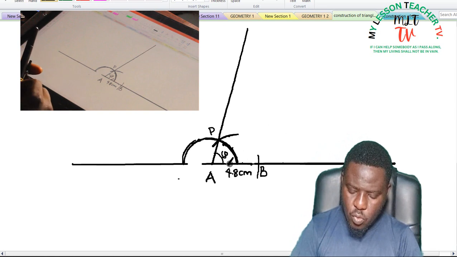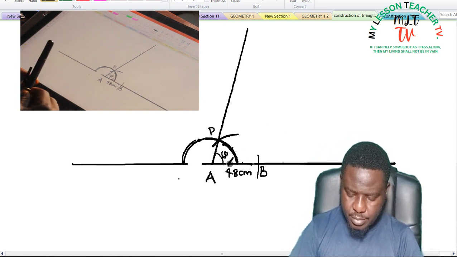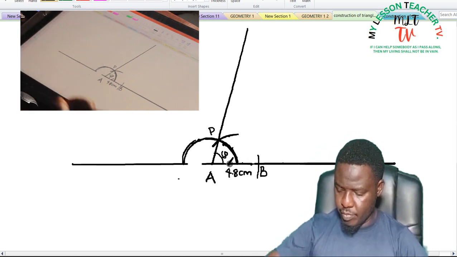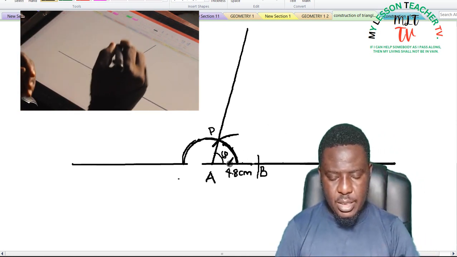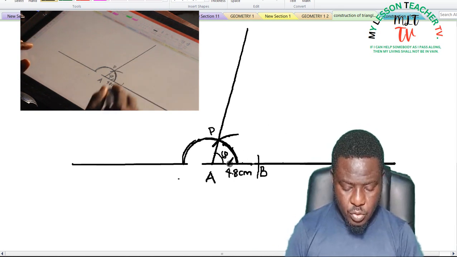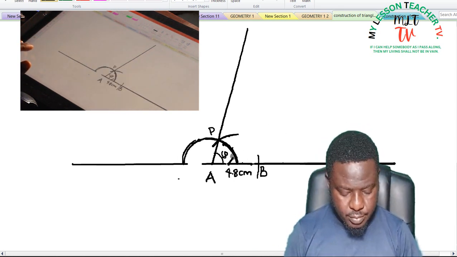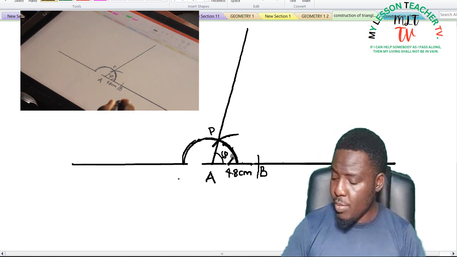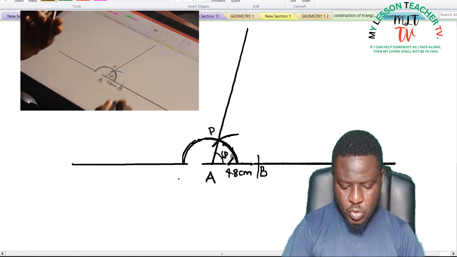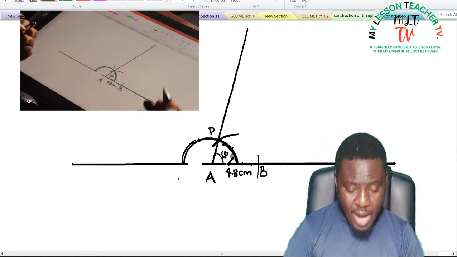For want of time, my dimensions will not be accurate, because I'm not making use of the protractor again. So my dimensions may not be right.